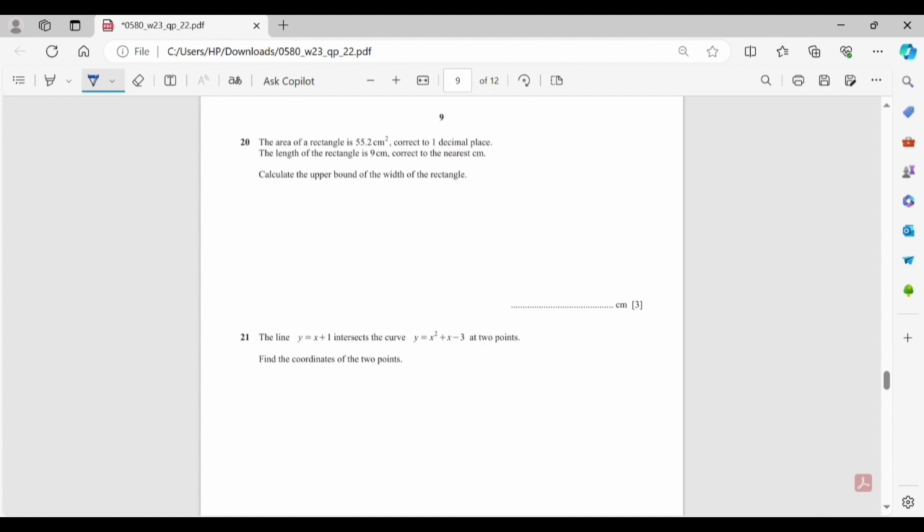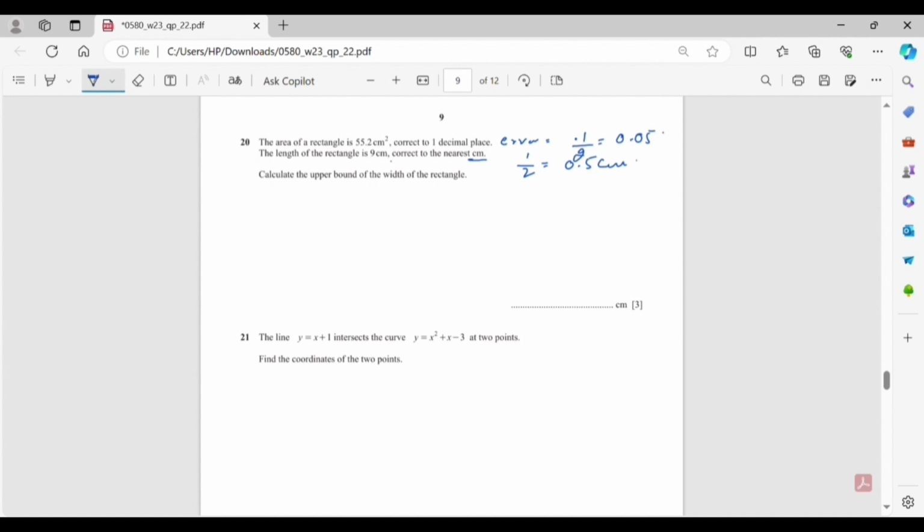So here the error will be, for 1 decimal place, 0.1 divided by 2, which is equal to 0.05. And here it will be the same way. In length it is 1 centimeter, so it will be 1 by 2, which is equal to 0.5 centimeter.